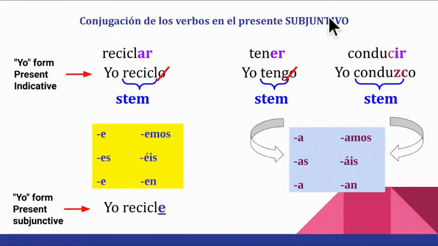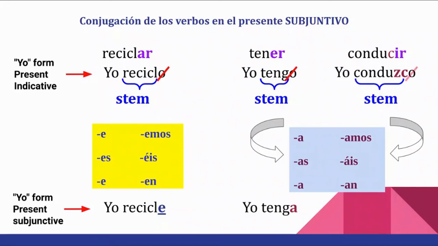So, for the verb tener, my yo form begins with T-E-N-G, and then I change this O for the letter A at the end. Yo tenga. So look at this stem. It's exactly the same stem that I'm using here for my subjunctive conjugation.